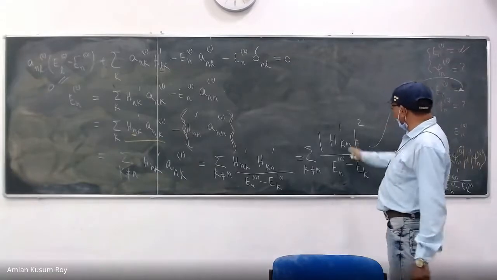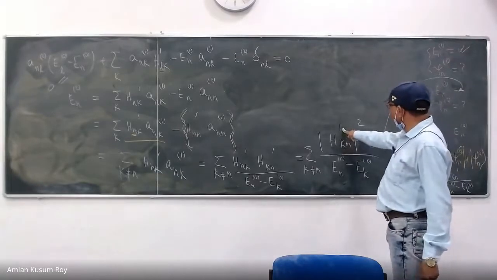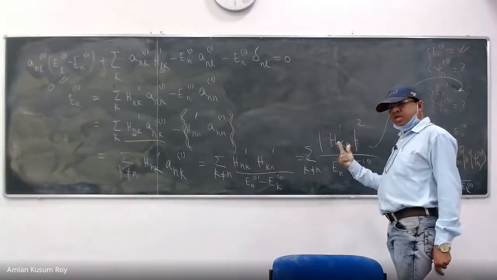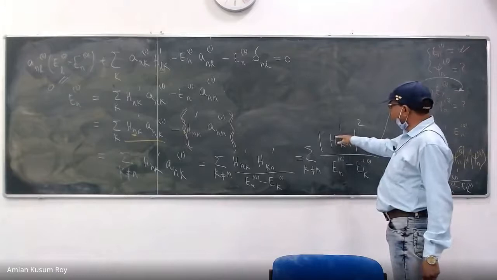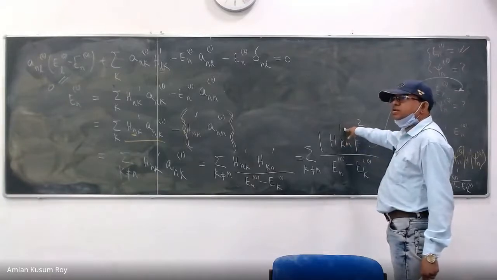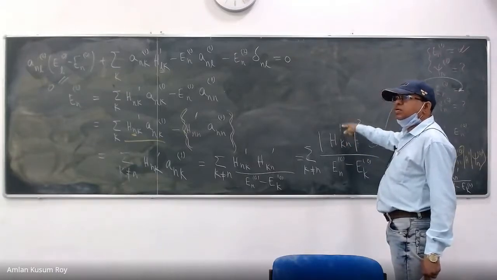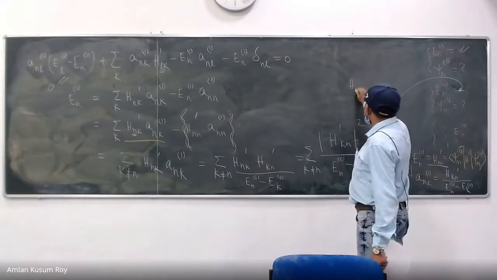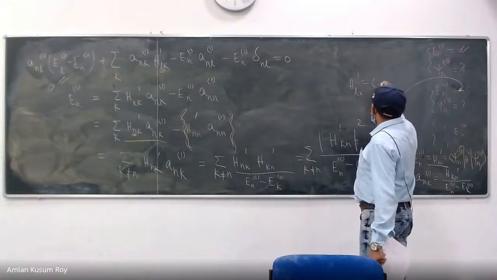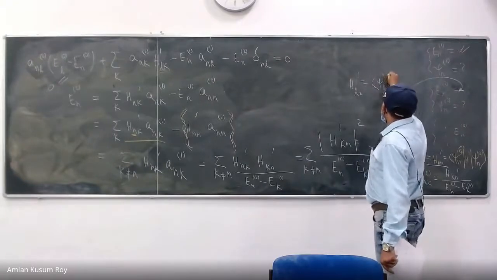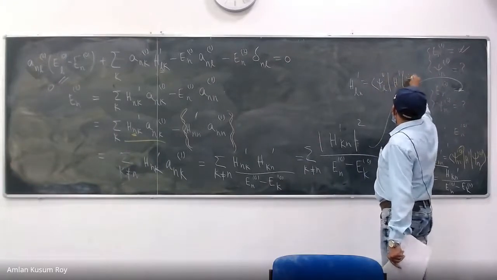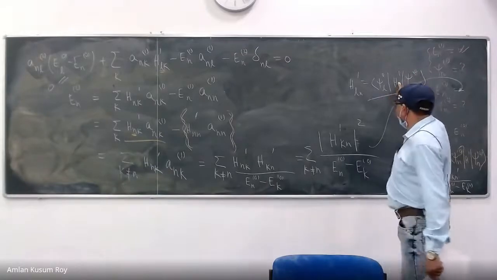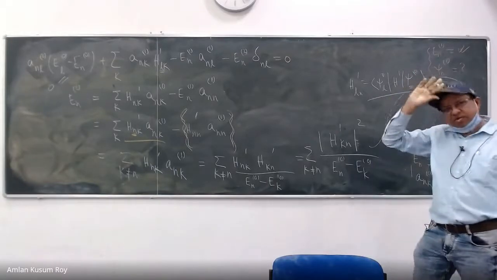This is very interesting because in h_kn prime, you have gotten rid of psi_n1. Always it is easier to calculate the matrix elements rather than the wave functions. H_kn prime is only this guy, psi_k0, H prime, psi_n0. I am happy to have this kind of expression rather than psi_n1.